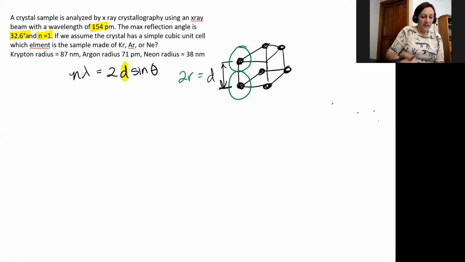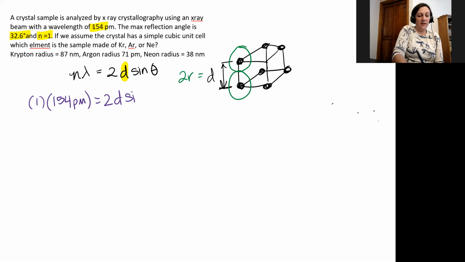Looking at my equation, I'm going to have a diffraction order of 1 and a wavelength of 154 picometers. That'll be equal to 2 times the distance times the sine of my diffraction angle, which the max diffraction angle we saw was 32.6 degrees. So now I'm going to solve for d.